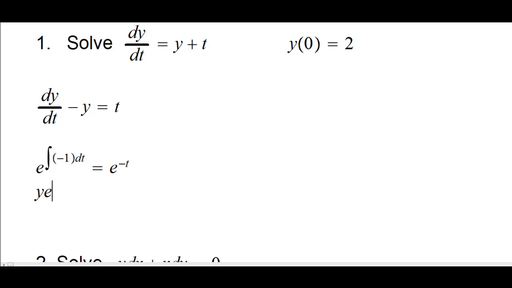Y times e to the what? -t. All right. And then what we have is integral of t times e to the what? -t dt, and we'll bring the constant into play in a moment. Everybody fine? Okay, Raphael, sir? Yeah. So far so good?